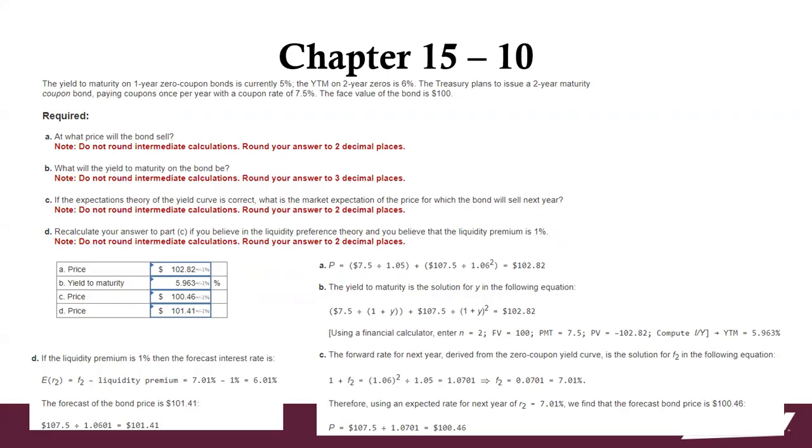But you see, we just use what we're given. We have a yield to maturity. There are zero coupon bonds, so there's no payment. They're going to issue another 2 year bond, but that's got a coupon, right? And so we're going to try to reconcile those prices.